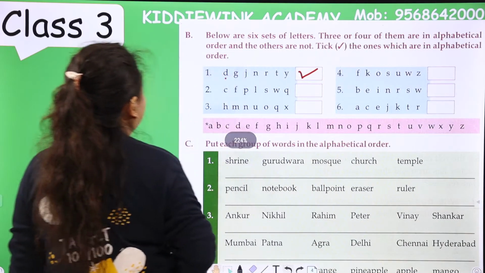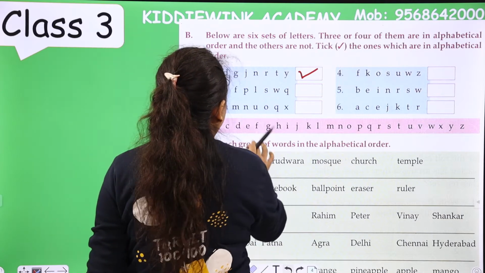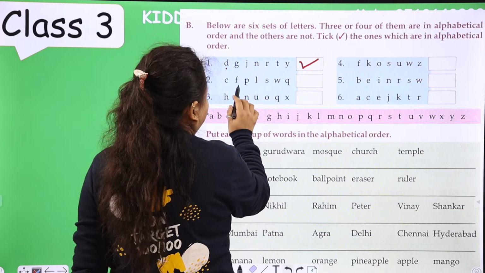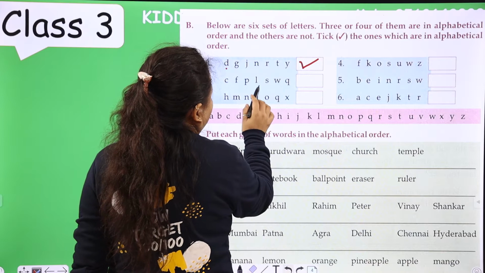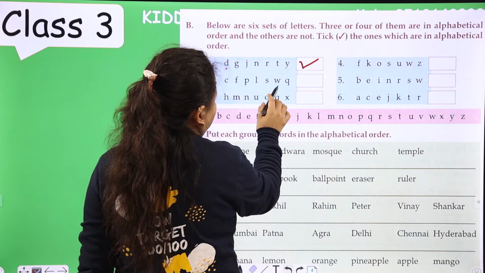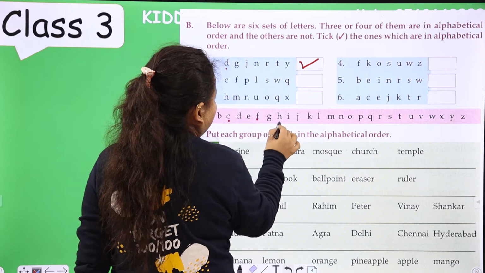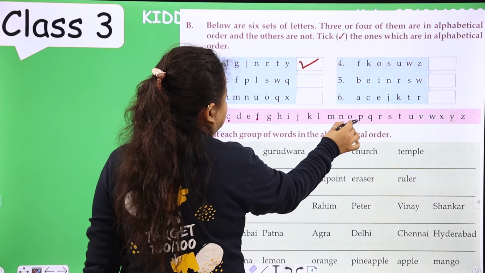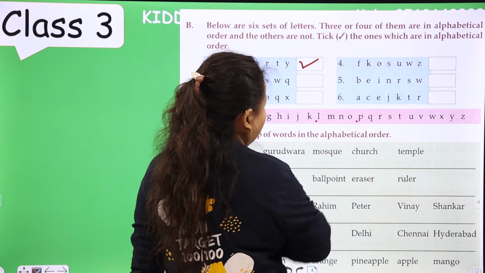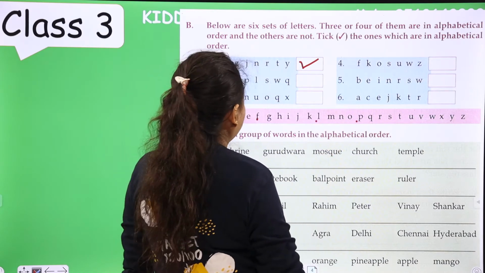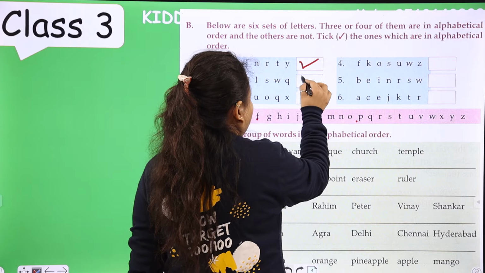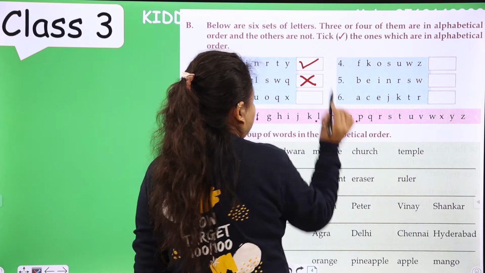This is an alphabetical order. Second is C, F, P, L, S, W and Q. So, C, F, P, L. No, this is not in alphabetical order. So, now we have to cross it.